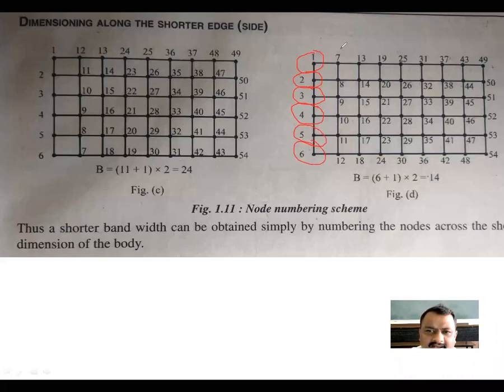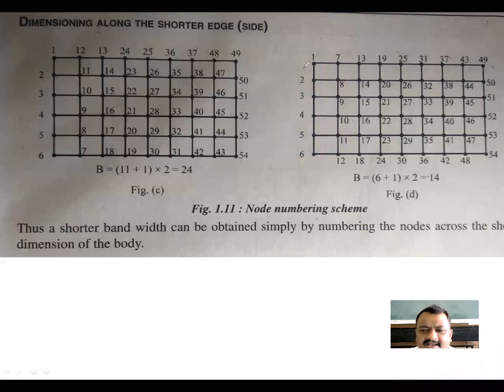Now I'll come back again to the first row: 7, 8, 9, 10, 11, 12. The same way I'll continue, 13, 14, and so on. This completes my numbering along the shorter dimension, and I am repeating in the same way instead of coming back from the opposite end.